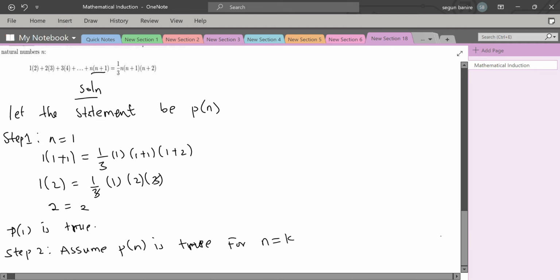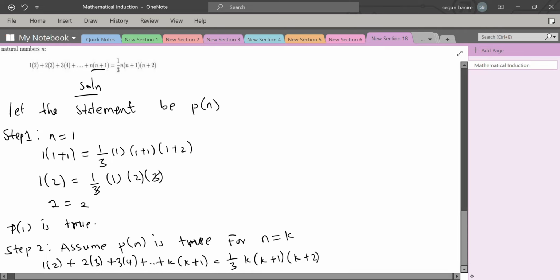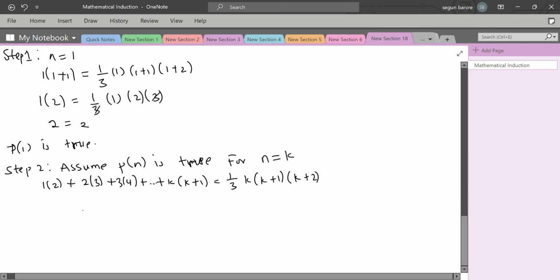So if you assume this, we are going to have 1 times 2 plus 2 times 3 plus 3 times 4 plus dot dot dot plus k into k plus 1 equals 1 over 3 k into k plus 1 times k plus 2. So this is the left side, and this is the right side. We call this equation 1 because we are going to use it in the next step.